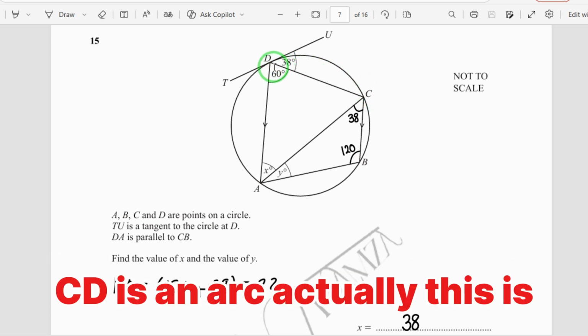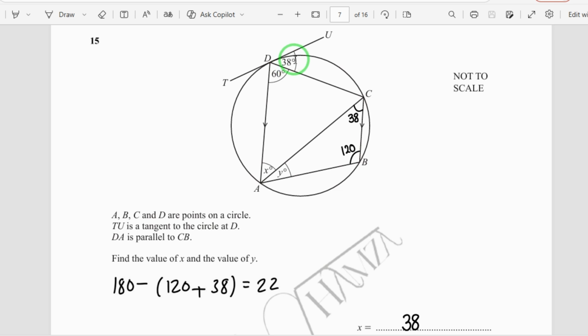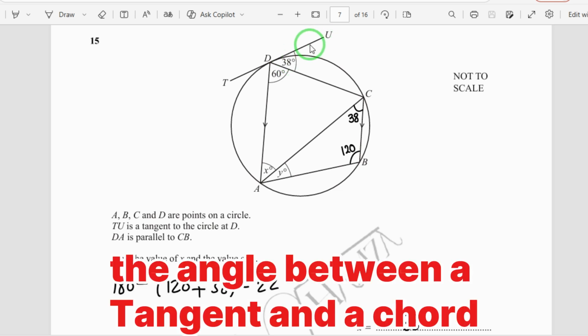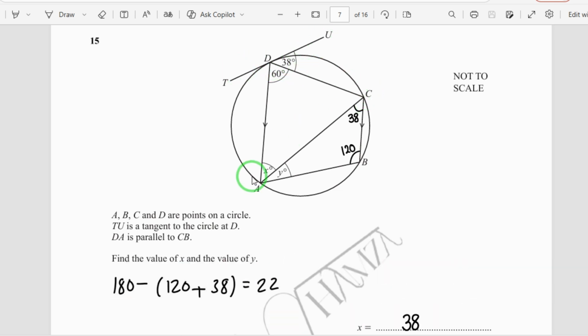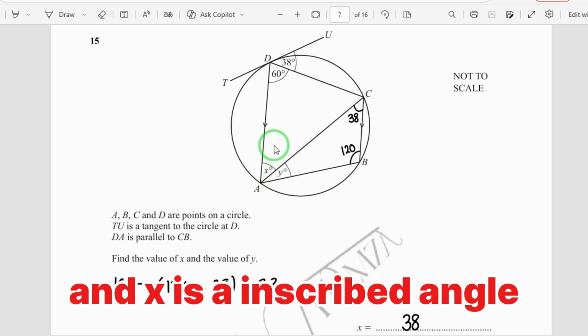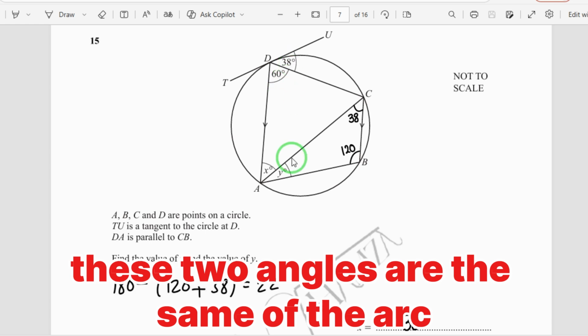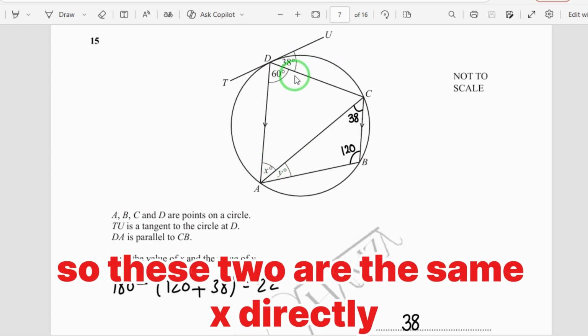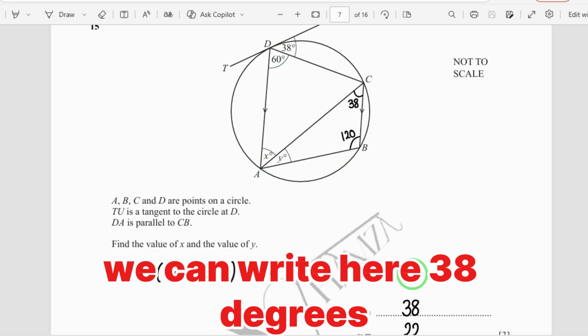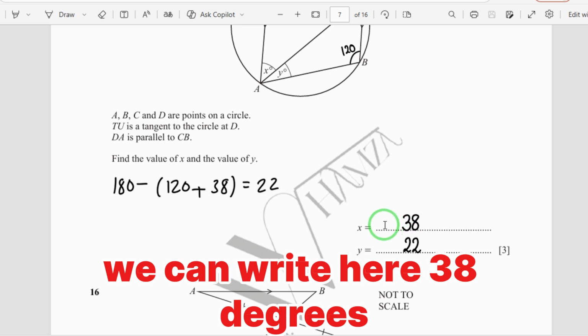This is the angle between a tangent and a chord, and X is an inscribed angle. These two angles are subtended by the same arc, so they are the same. X is directly 38 degrees.